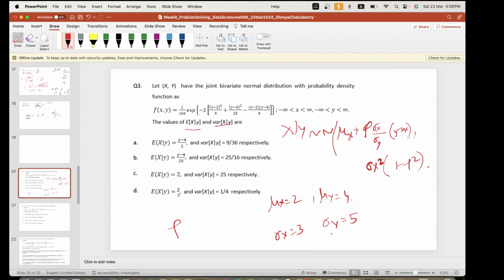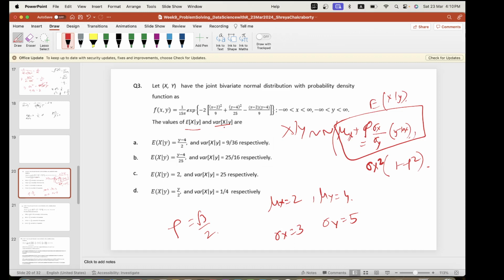Mu x, mu y, sigma x, sigma y, we know, and the value of rho also we know. Alright, so rho was for us root 3 by 2. So we'll just substitute, and this term would give me the expectation of x given y. Whatever is the answer, that will be the case. Alright.